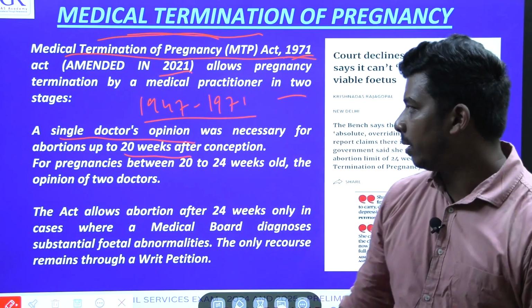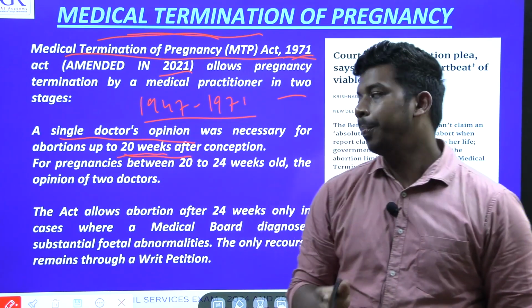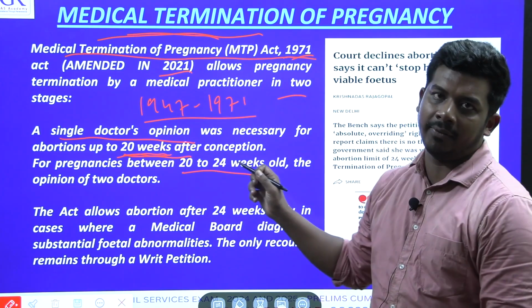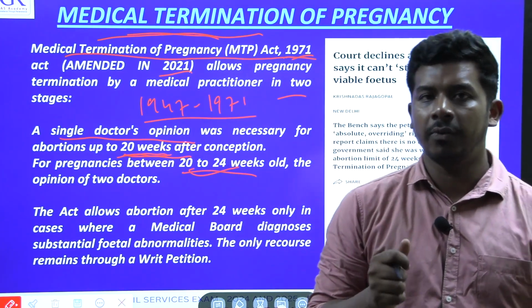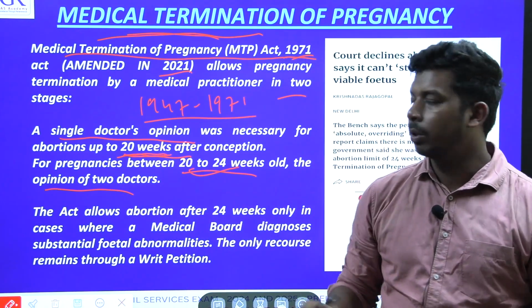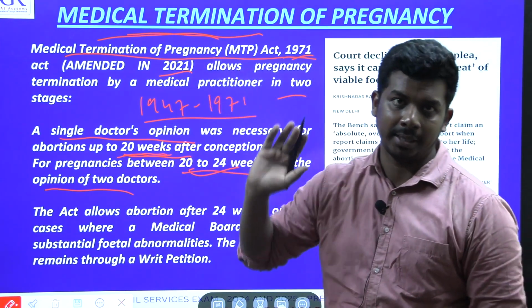Every woman has the right of termination of pregnancy up to 20 weeks with one doctor's opinion. Okay, but if you want to terminate a pregnancy which is more than 20 weeks, up to 24 weeks, when it is between 20 to 24 weeks, you need the opinion of 2 doctors, not just 1 doctor. You need the opinion of 2 doctors to terminate the pregnancy under this act as amended.